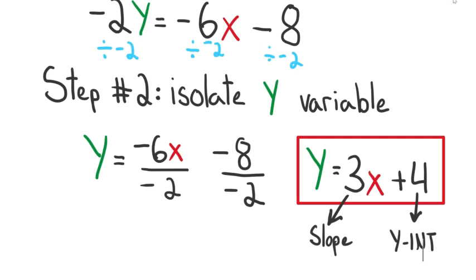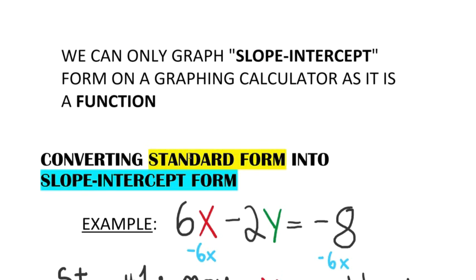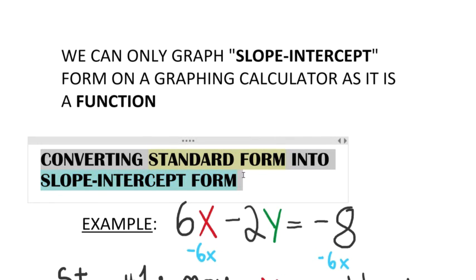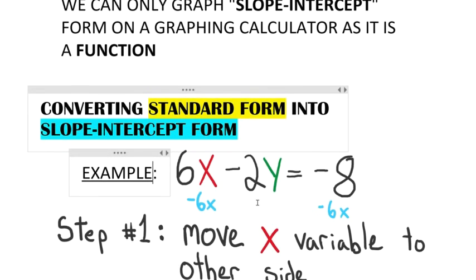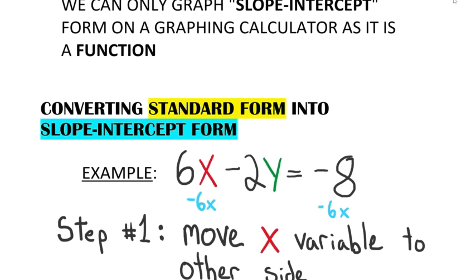To revise the steps as follows. When converting from standard form into slope intercept form, such as 6x minus 2y is equal to negative 8, step 1 requires that you move the x variable to the other side.